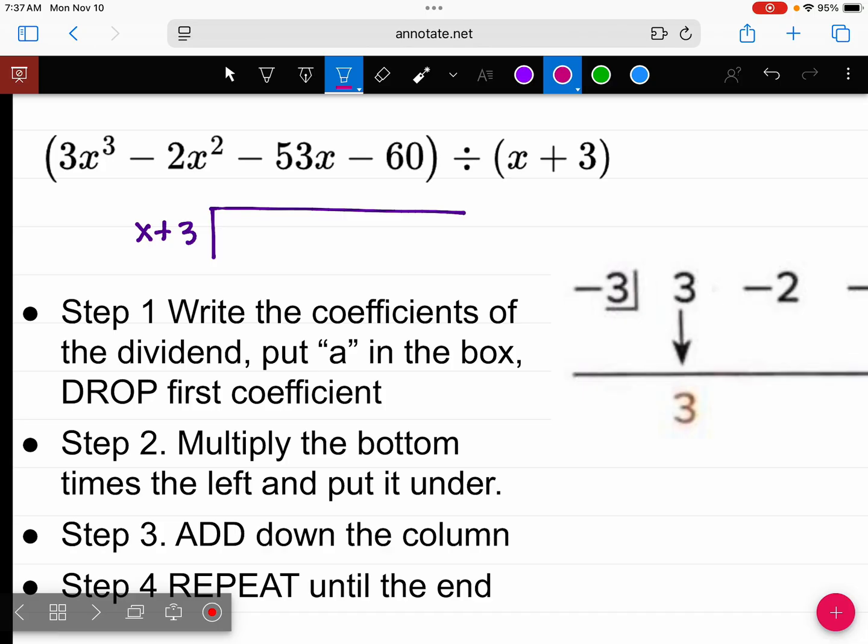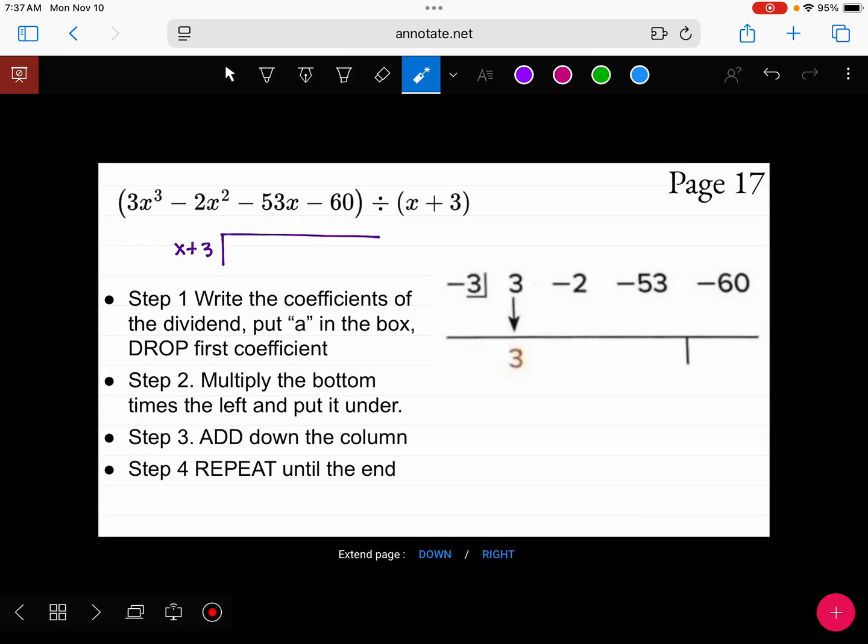It's just going to straight up fall to the bottom. So whenever we set this up, we're going to put our coefficients here. We get our root, and it goes in this little box in the corner here. So this is how we set this up.